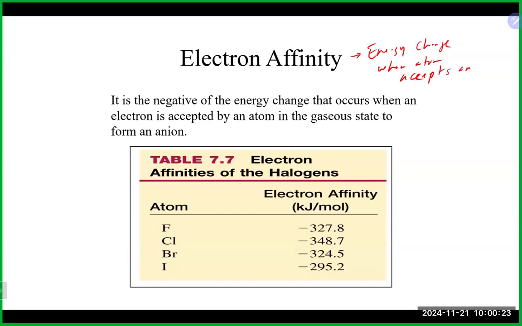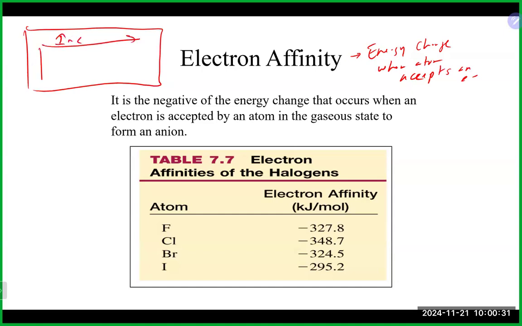In general, the trend is it usually will increase as you go up and to the right, and decrease as you go down. Electron affinity for something means you usually like it or you're good at it. So something with high electron affinity has a very good tendency to want to gain electrons.